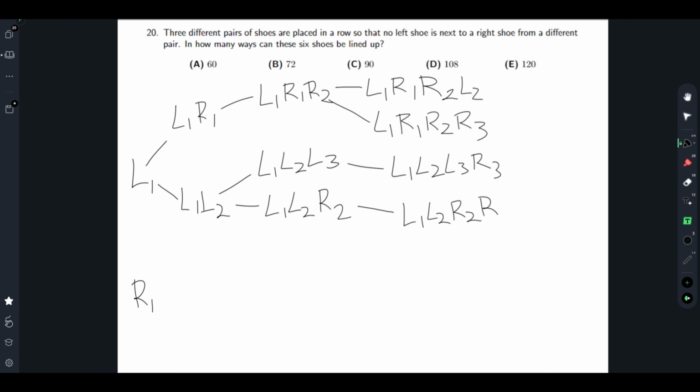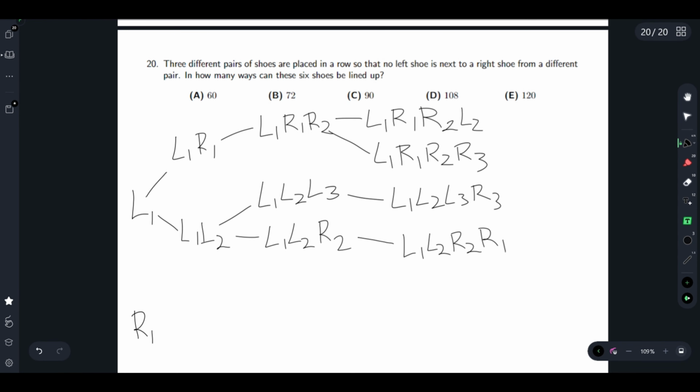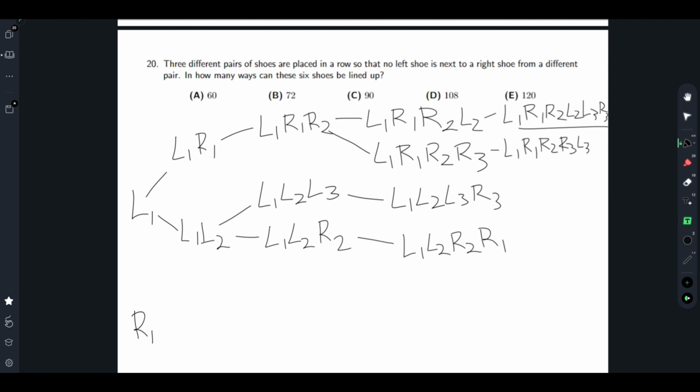It actually can't be R1. If it's R1, wait, no, it can't be R1, sorry. So from here, our case is determined. From here, and from here.